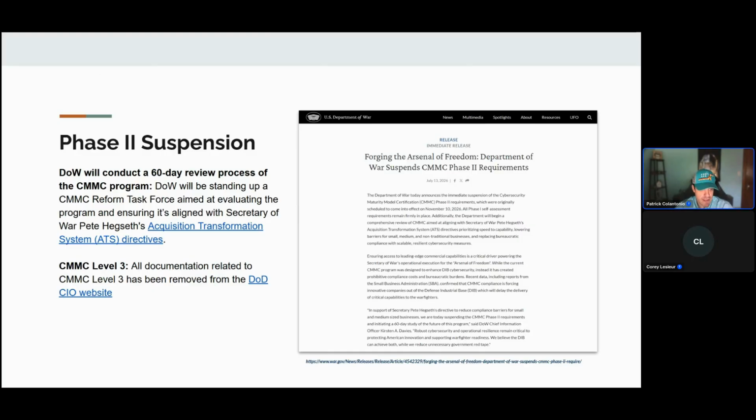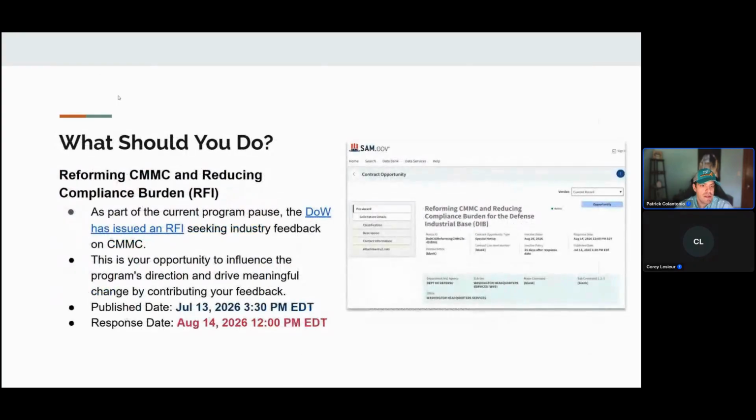It seems like there are a couple things that they're concerned with, that they want to hash out and discuss. So a part of that discussion is they have an RFI on sim.gov asking for your feedback. Unfortunately, this isn't like the previous rules where the Federal Register and everything was publicly accessible.